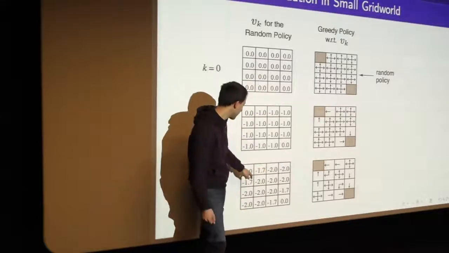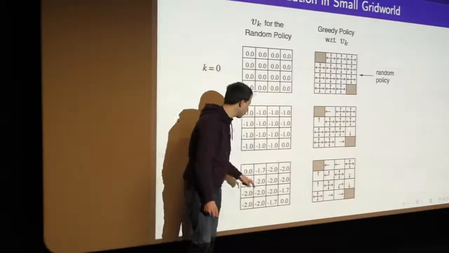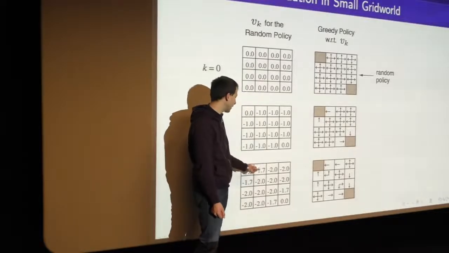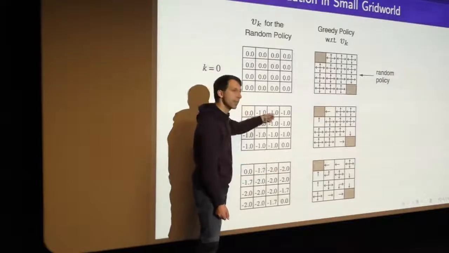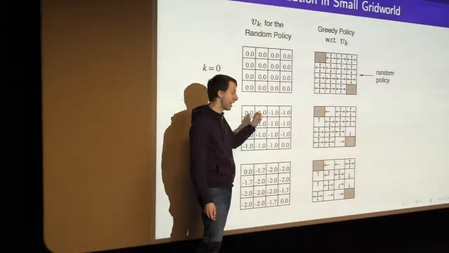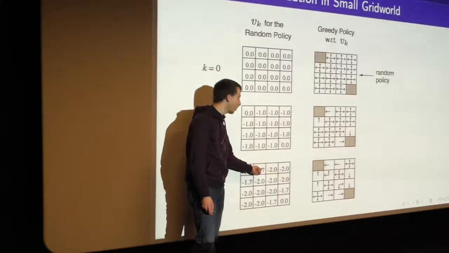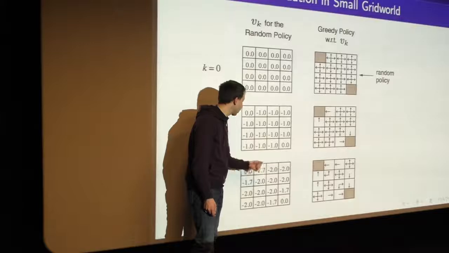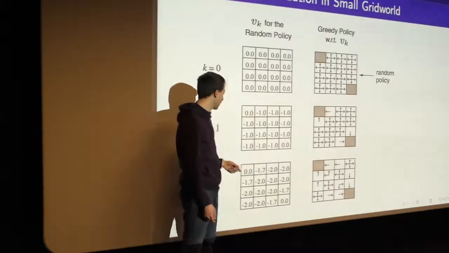However, if I consider this state here, now I could go north, east, or south, and for each of those cases I'm going to estimate the same thing. If I go east, I'm going to see -1 for the step, and then -1 for my previous estimate of the value of where I end up. If I go north, remember that I end up just sticking where I was, so it's the same thing: -1 for taking that step, and then I estimate the value of where I ended up to be -1, so -2 again.